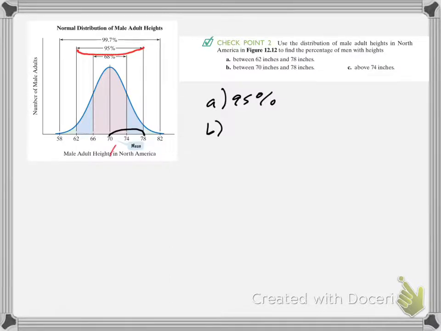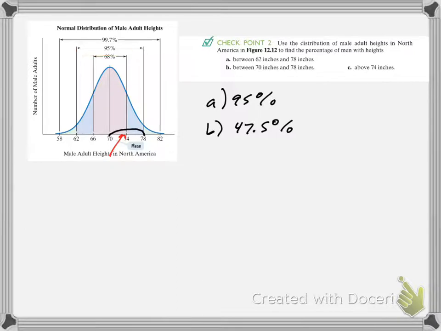And so this black part here is half of that, isn't it? So what's half of 95? Well, that's 47.5%.